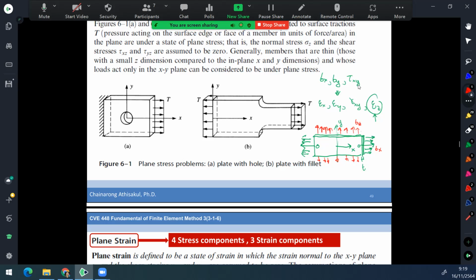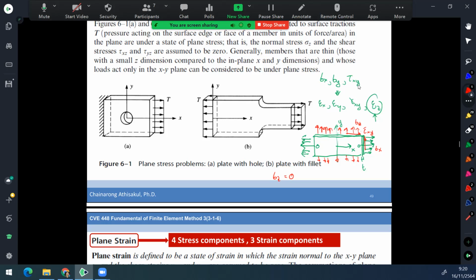So what does it mean? It means that in this case sigma z becomes 0. Also, we may consider just the shear stress tau xy along the xy plane, but for xz and yz, we do not consider them.